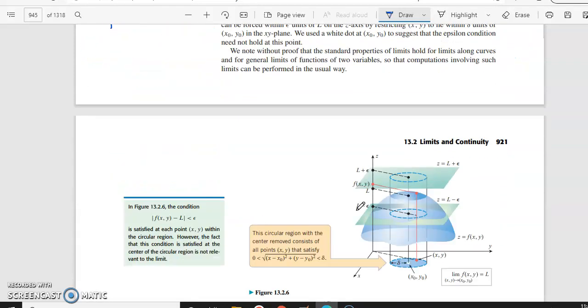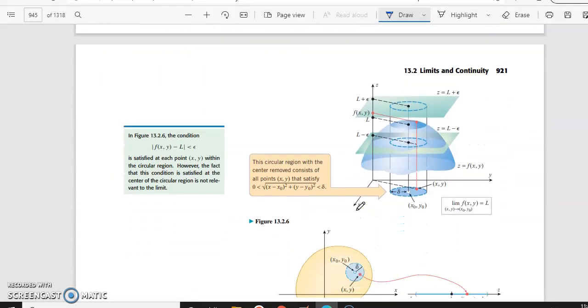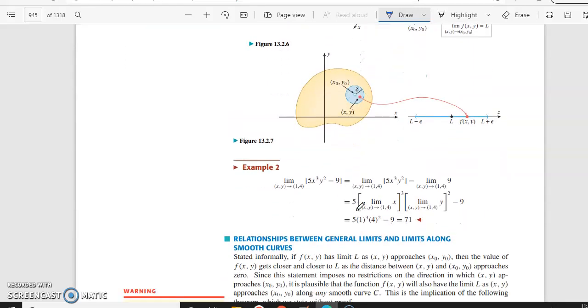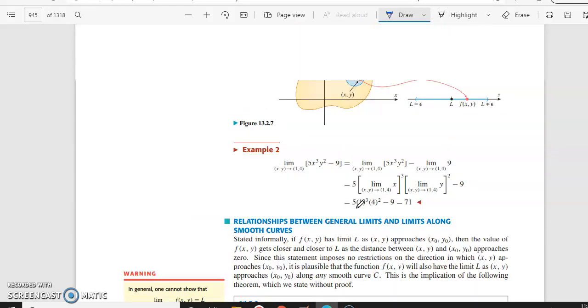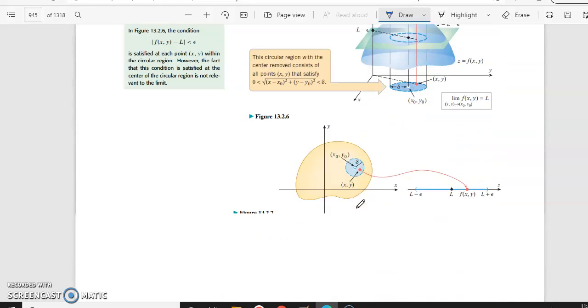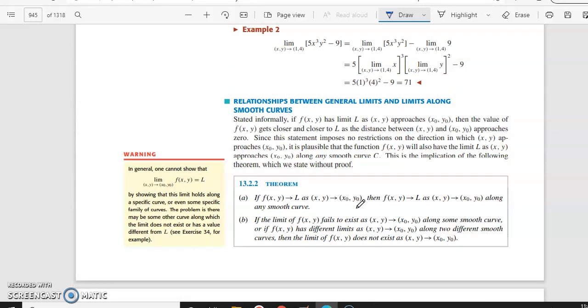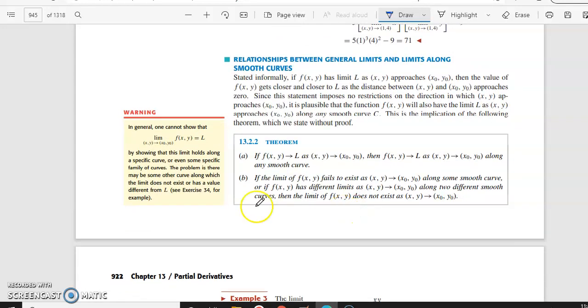So that is how we extend the idea to the 3-dimensional case. So that is how we define the limit in the three-dimensional case. And again, this is what we have said.